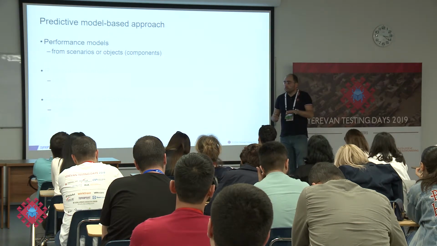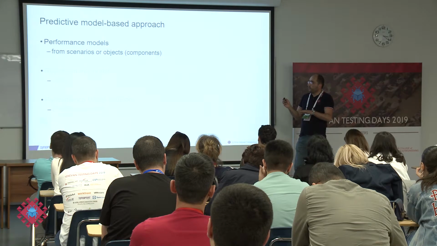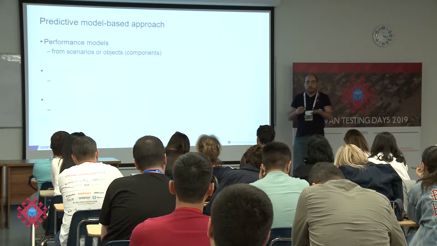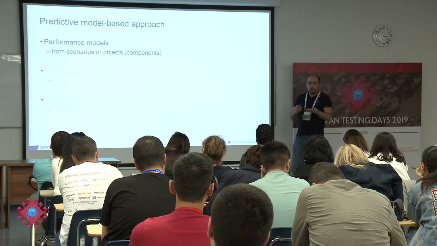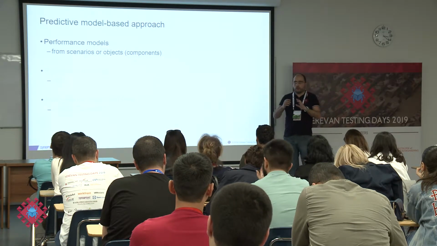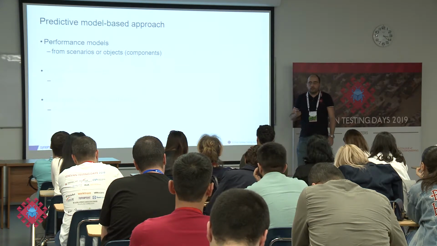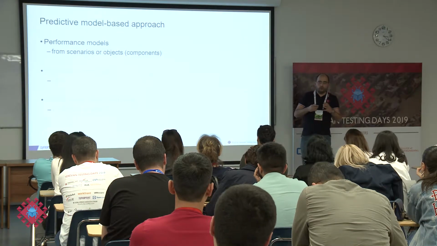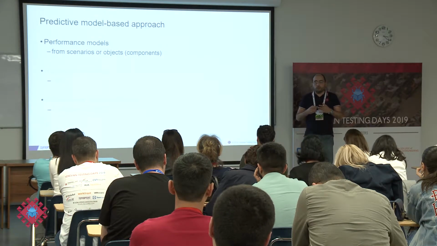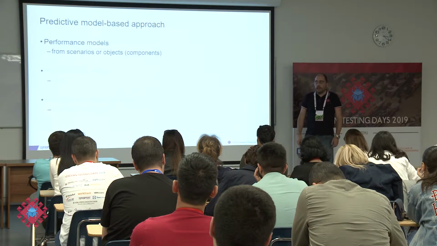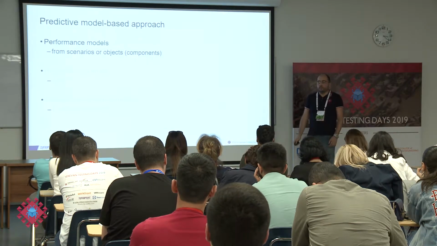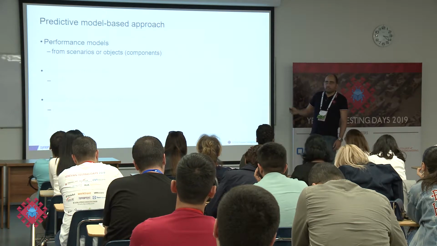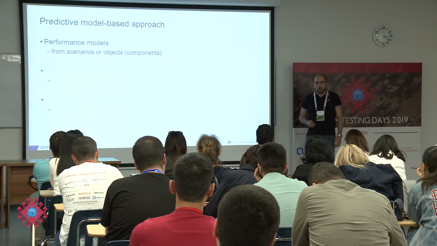By the way, for performance model creation, there are a couple of approaches, like scenario-based, object or component-based, but it doesn't matter. If you have some kind of model-based process within your organization, I think it is very possible to build a performance model based on existing models.